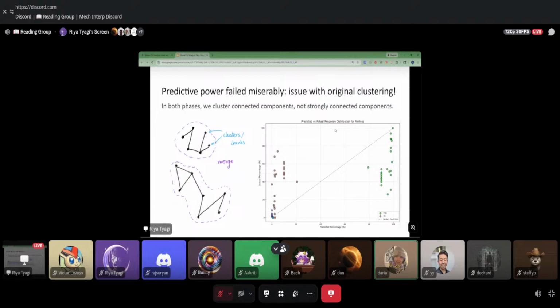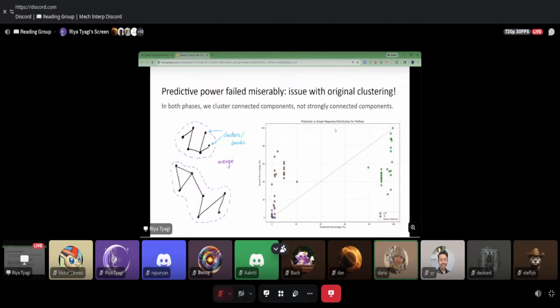The gray line would be the ideal situation, right? We're predicting something and we want our predictions to match the true values, and this was very much not the case. I talked about this in more detail in the semantic model clustering, but left it out in the language model refinement.